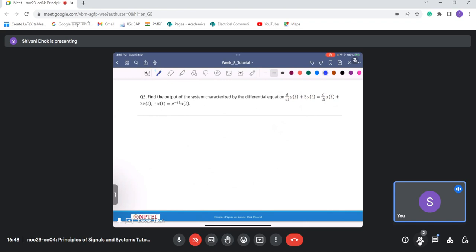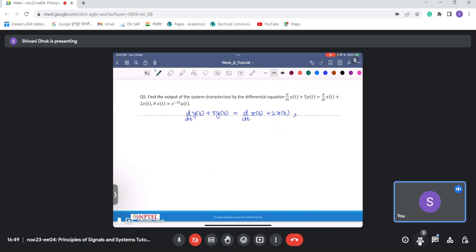We have d dt of y t plus 5 times y t is equal to d dt of x t plus twice x t. This is the simple differential equation that we have been given, which is basically giving us the input-output relation.